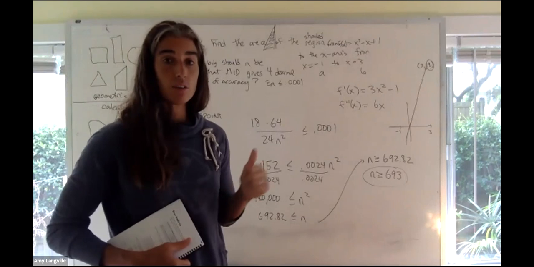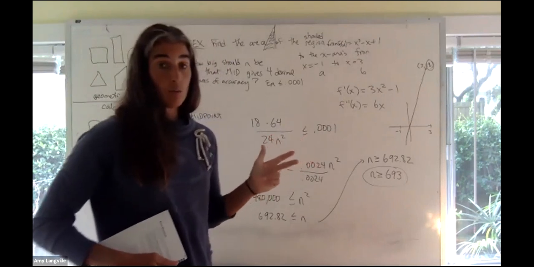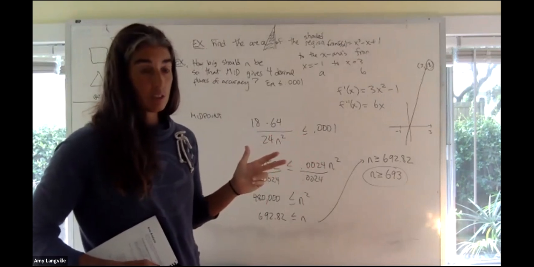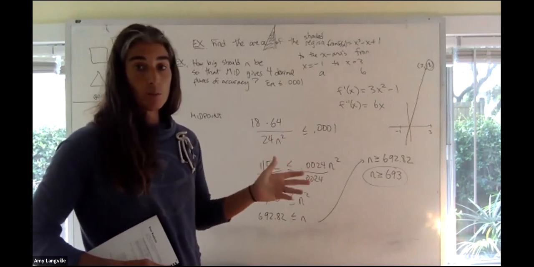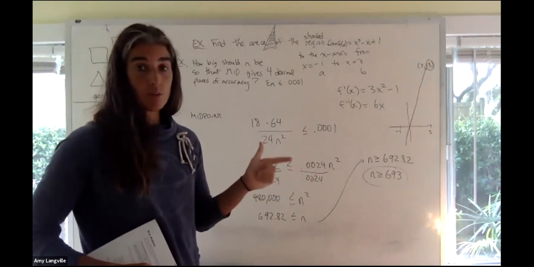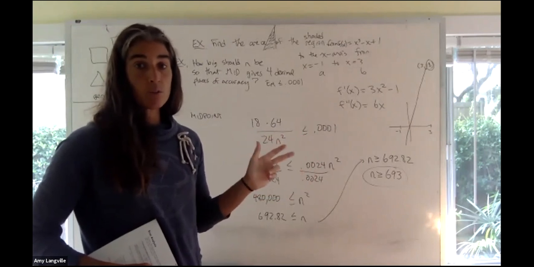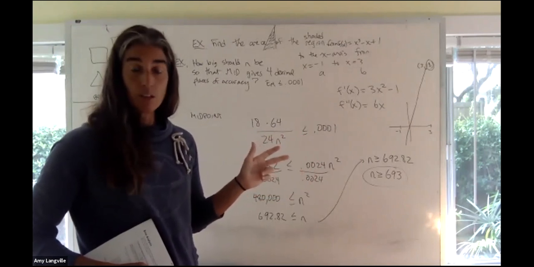The 3 you need to know how to do are left, right, and mid. You can use a tech tool to check your work. As n increases, you can see that you will get a better approximation. You can also, once you've drawn it, look at with the left, right, and mid, whether you have an overestimate or underestimate. Out of those 3, the mid's going to do the best for a given n.